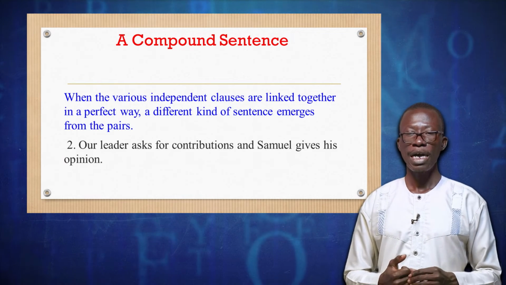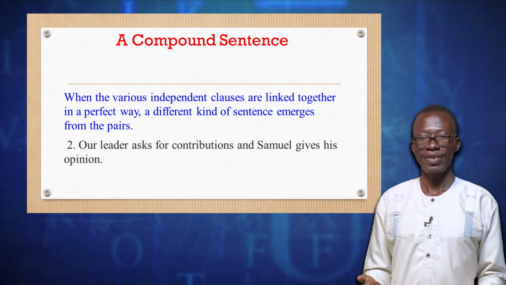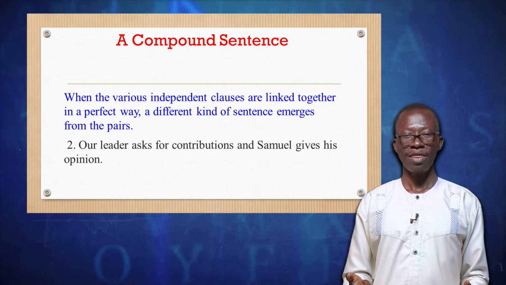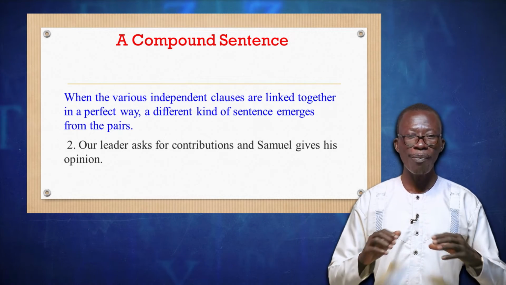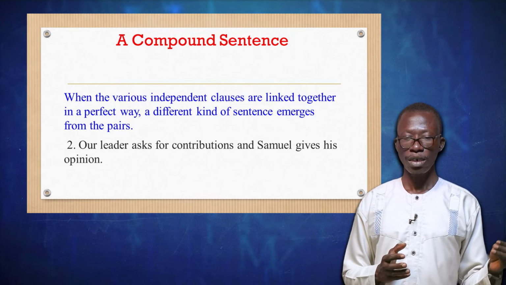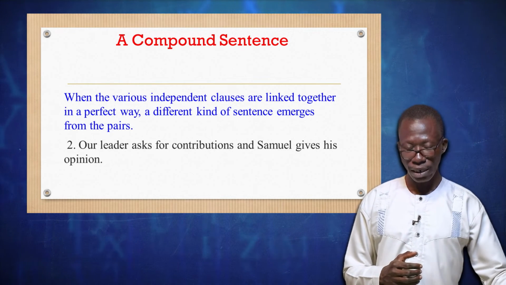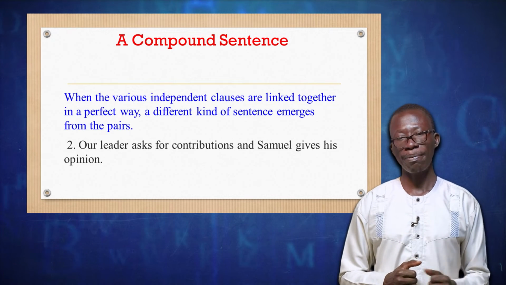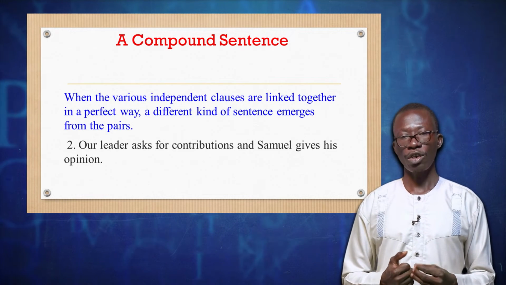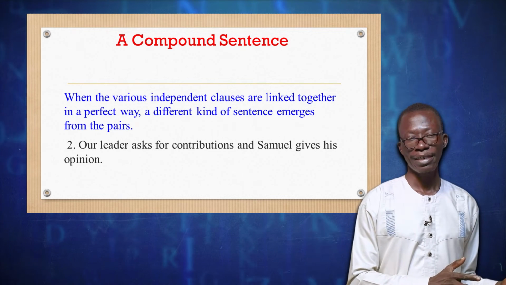In the same way, our leader asks for contributions and Samuel gives his opinion also gives us a complete idea from the individual sentences we had from the pair. So if we say our leader asks for contributions, it ends there.